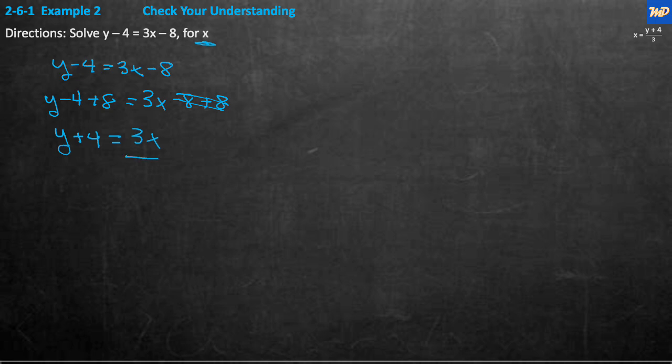And in doing so, we divide by 3 on this side, divide by 3 on this side, and these 3s now cancel because 3 divided by 3 is equal to 1. So x is equal to what? x is equal to y plus 4 over 3. Okay?